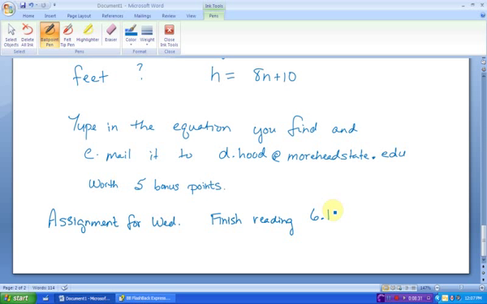They start with the applications, 8 through 36, starting on page 290 in the front part of your book. Now, the equation you find, if you don't know how to write it out in symbols, tell me in words what you think you need to do to find the height in feet. Okay?